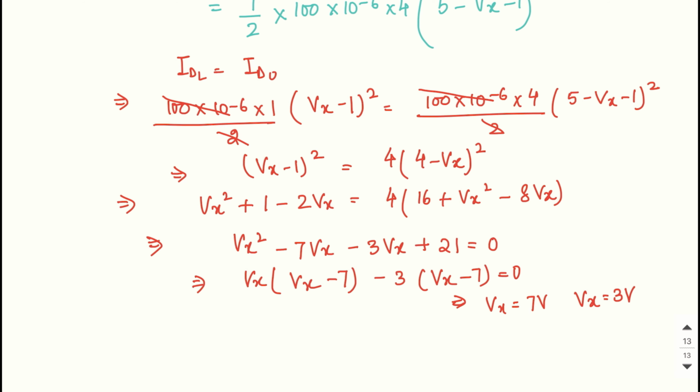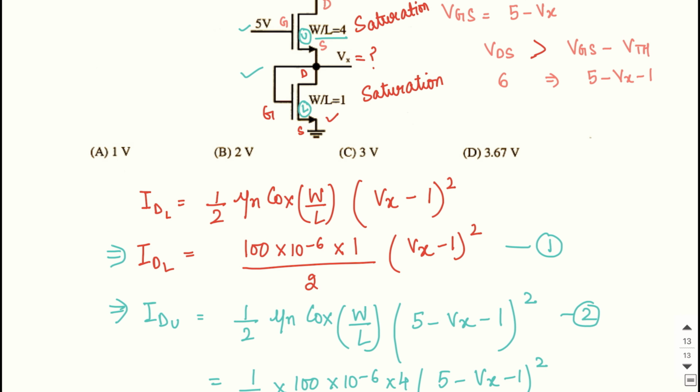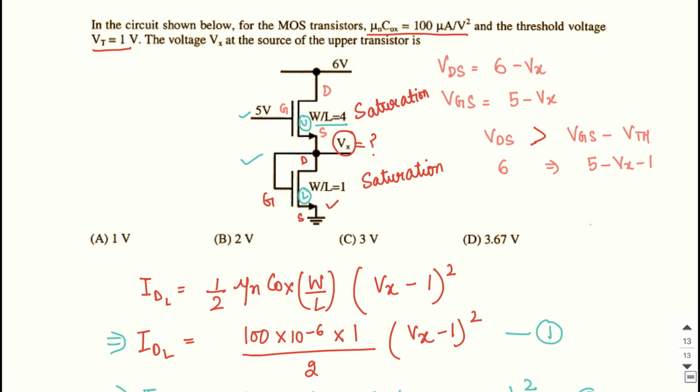Now let's see what could be the correct answer. If the value of Vx is 7 volt, then this is not possible. Why? Because VGS would become 5 minus 7, which is minus 2. That would be a negative voltage, and we know that the gate voltage has to be at least greater than the threshold to keep the transistor on.